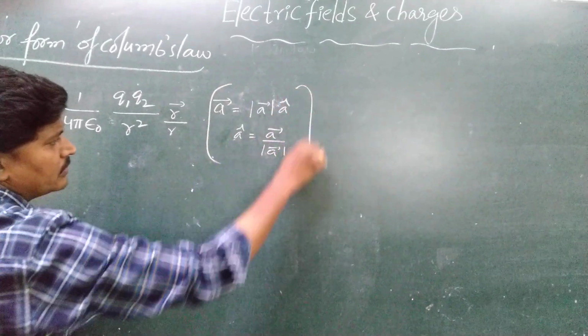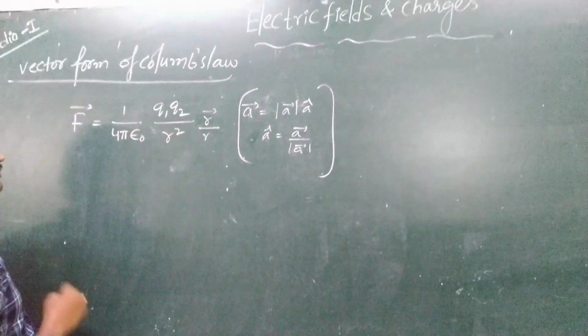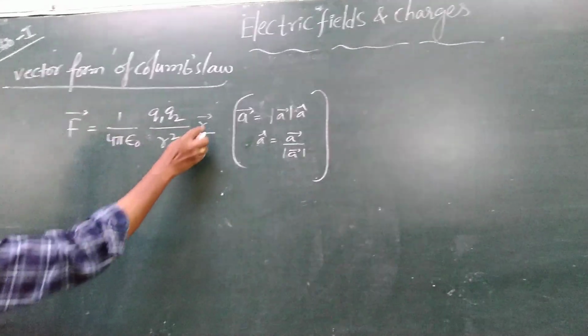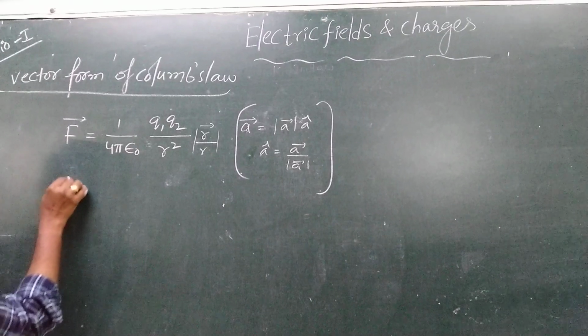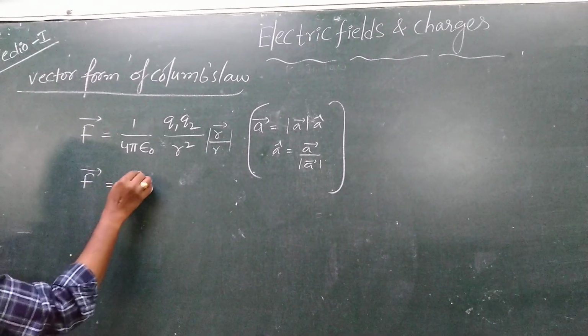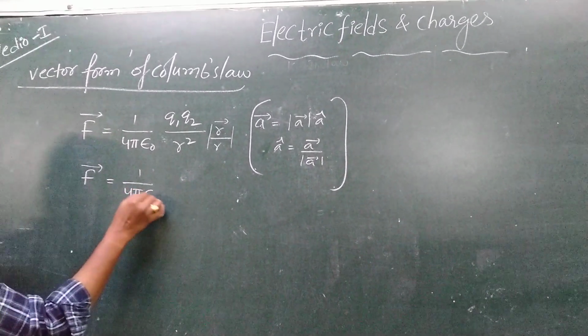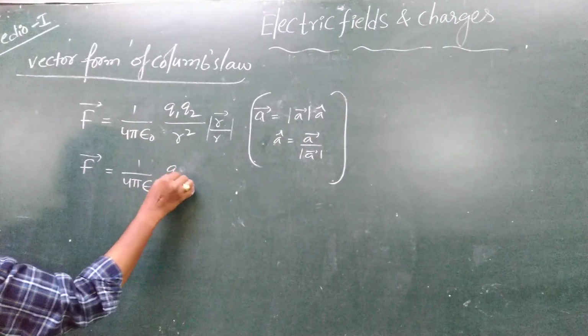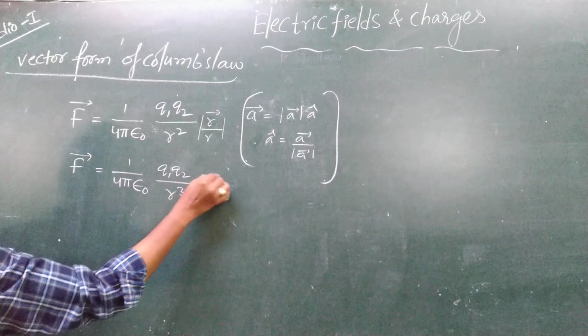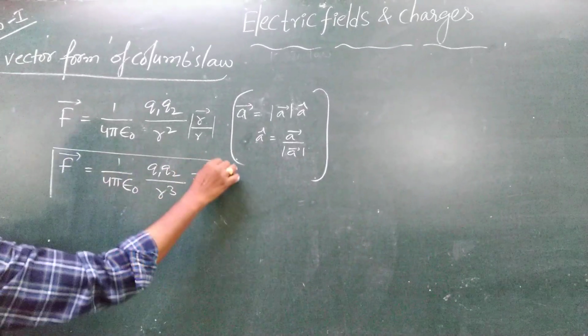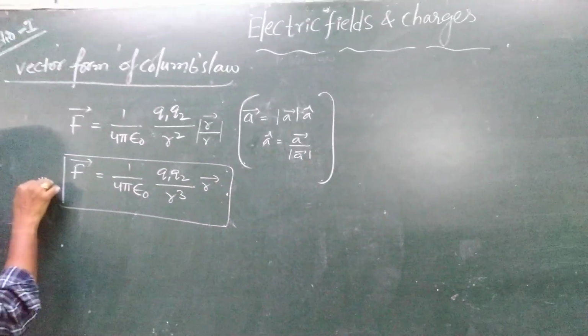So from this relation, F cap is R bar by modulus of R bar. Therefore F bar is equal to 1 by 4 pi epsilon naught into q1 q2 divided by r cube into R bar. This is the vector notation formula.